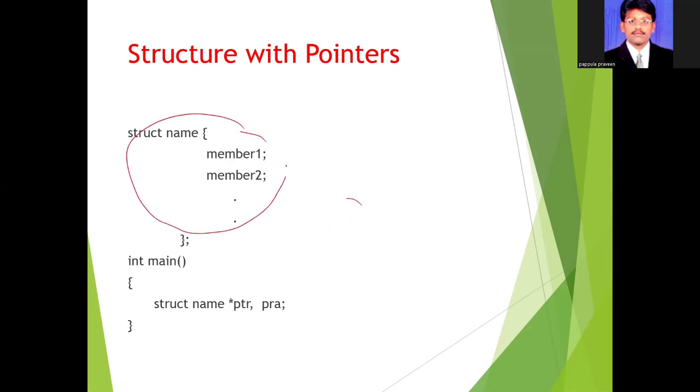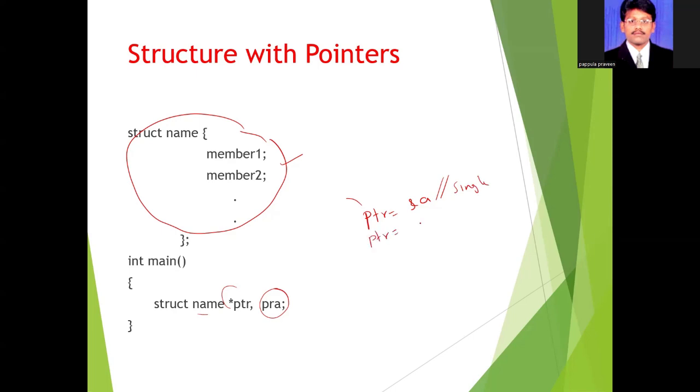This is the structure with some members. Now we have to create a pointer, a normal variable. This is the structure variable, and this one is the pointer variable. Now in our previous programs, we wrote PTR equal to ampersand A for a single variable.